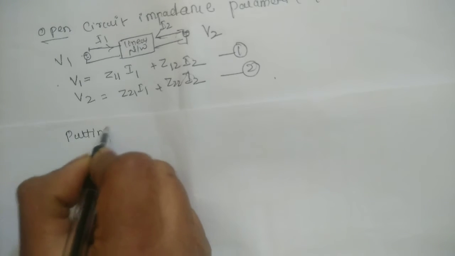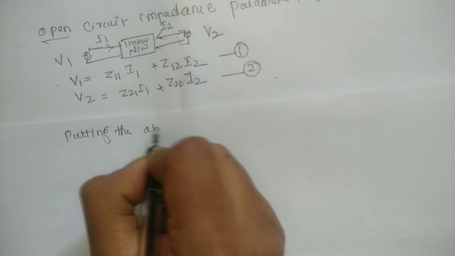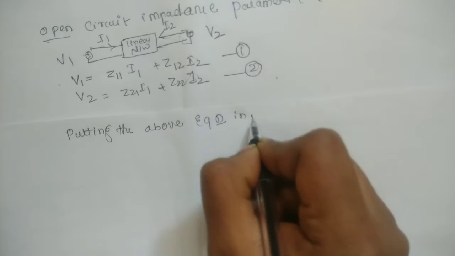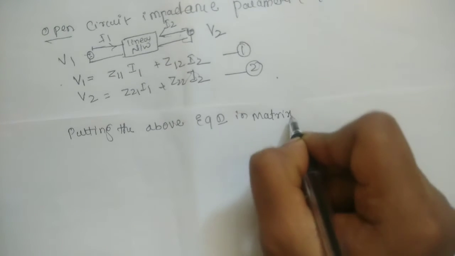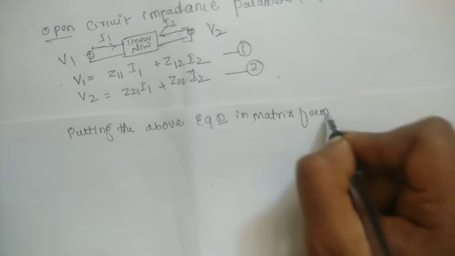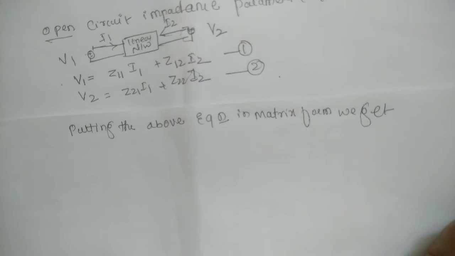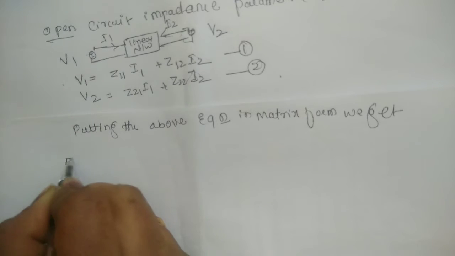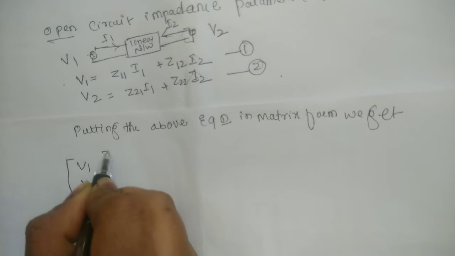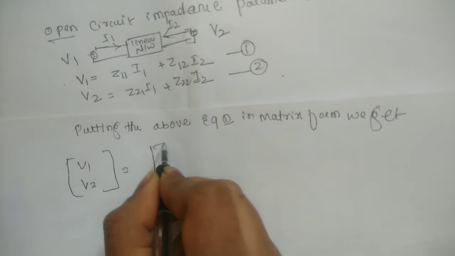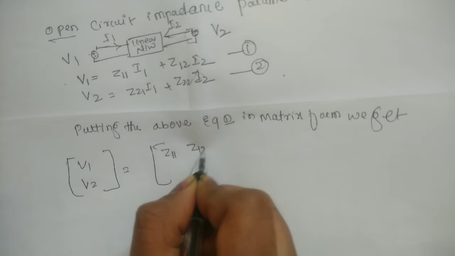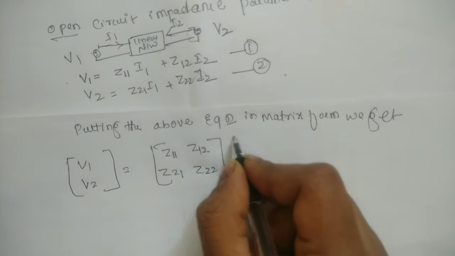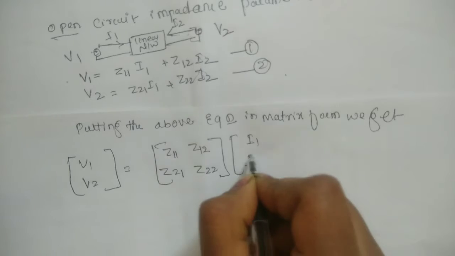Putting the above equations in matrix form, we get V1, V2 equals the matrix Z11, Z12, Z21, Z22, with respect to currents I1 and I2.